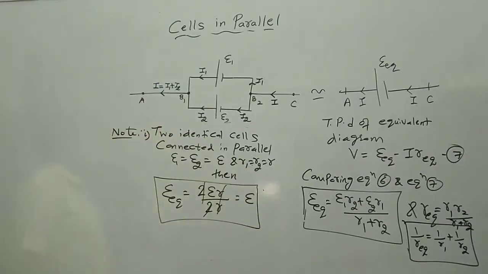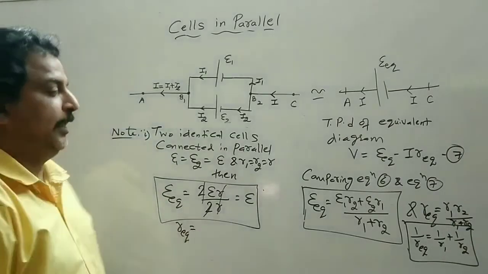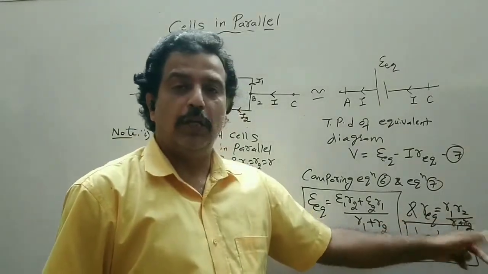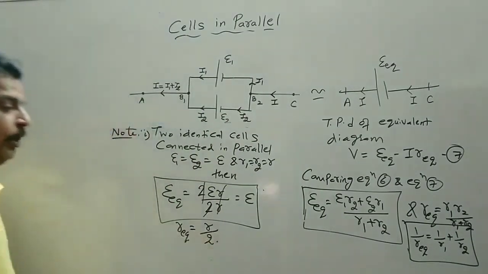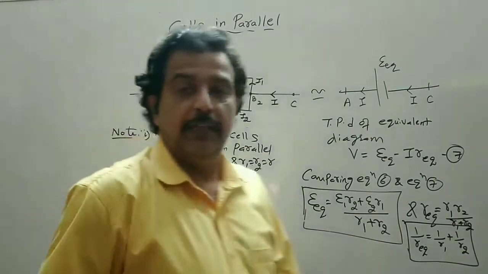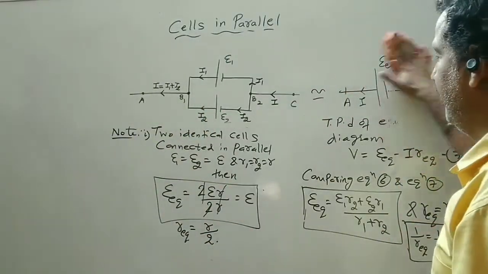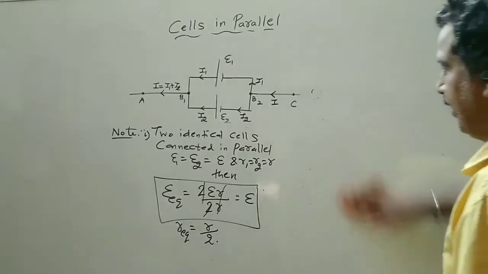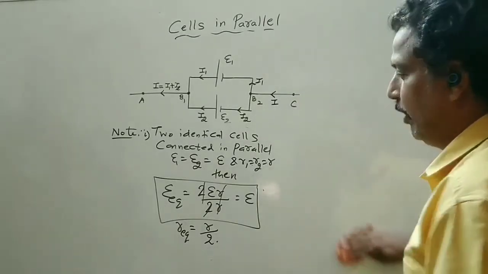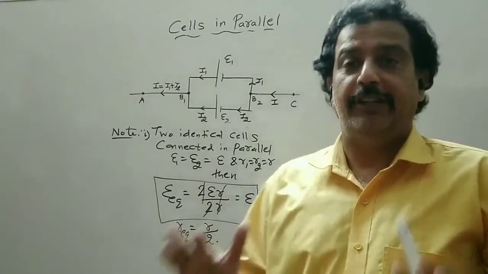The EMF remains E, and R equivalent can be easily written as R square upon 2R, that is R by 2. So you have to remember, if there are n identical cells connected in a parallel combination, the equivalent EMF remains same.